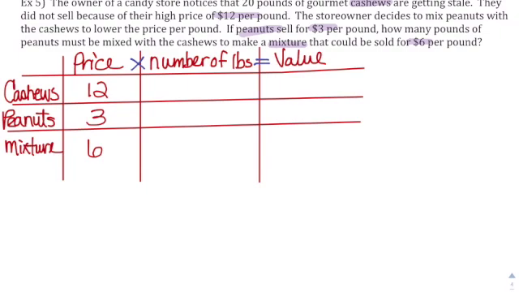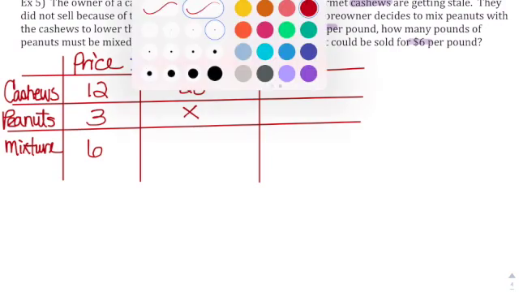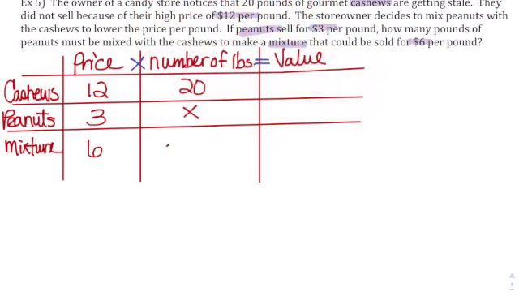Okay, now number of pounds. Well, the gourmet shop knows that cashew is 20 pounds. So we are going to put cashew as 20 pounds. And peanuts, we absolutely do not know how many pounds we need. But we definitely know the mixture is both two things together. You cannot just ditch one of them. That's going to be 20 pounds from the cashew, plus I don't know how many pounds of peanuts I'm going to add in.